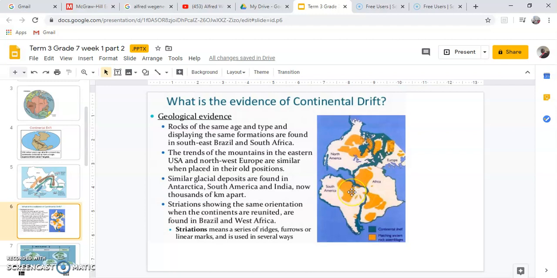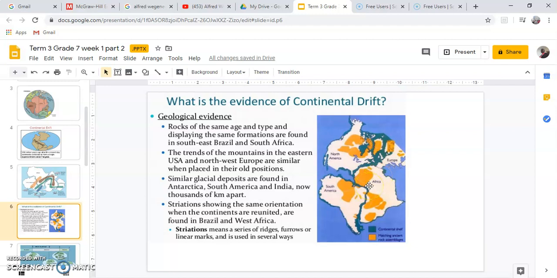Let's use South America and Africa as an example. You can see the orange color here represents the fossils that are buried underneath. Now, the fossils that are located in South America drifted apart alongside the plate when it was shifting, and the ones in Africa, the same type of organism, the same fossils of the same organism, were also moving apart with Africa.